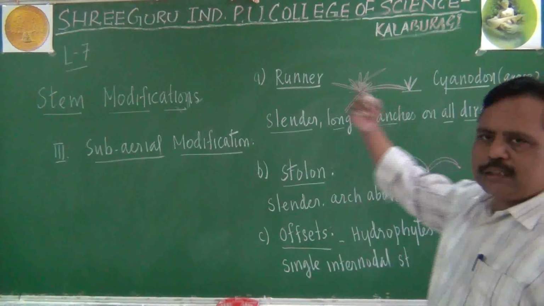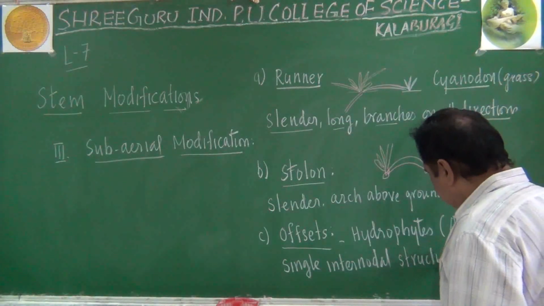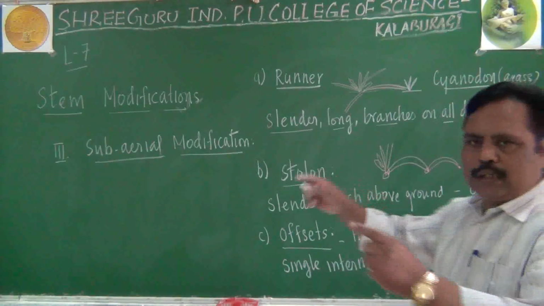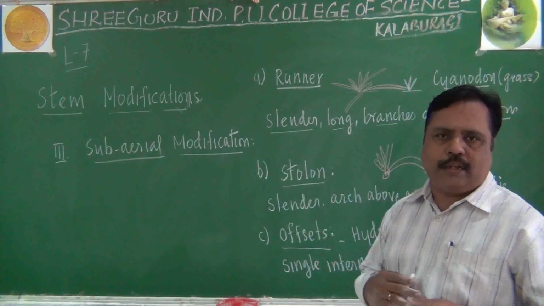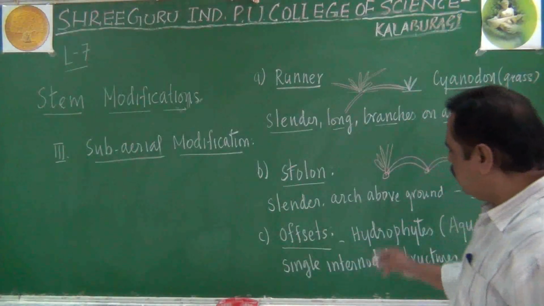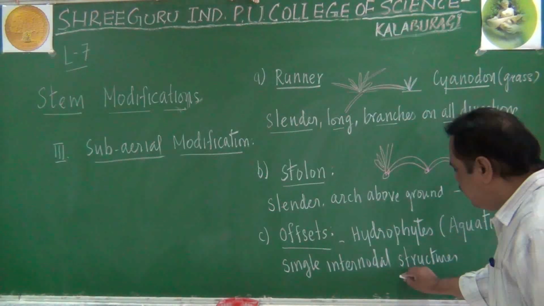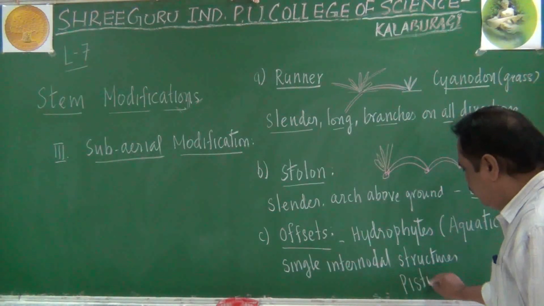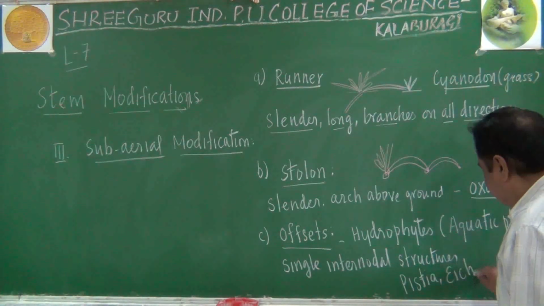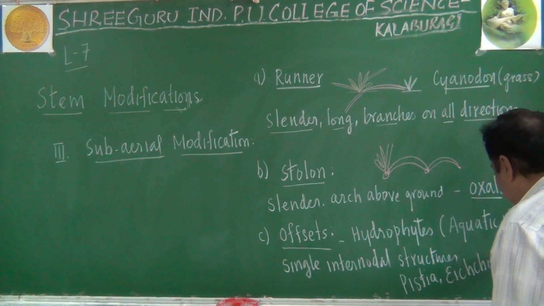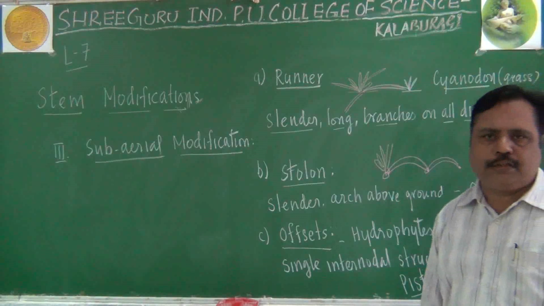Just like asparagus I told you, here also single internodal structures are produced on the water for the sake of spreading or growth. An example of an aquatic plant showing offset is Pistia. Remember, Pistia and Eichhornia, these plants exhibit offsets.